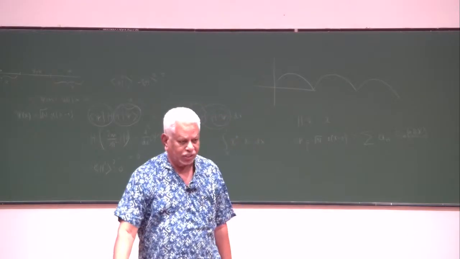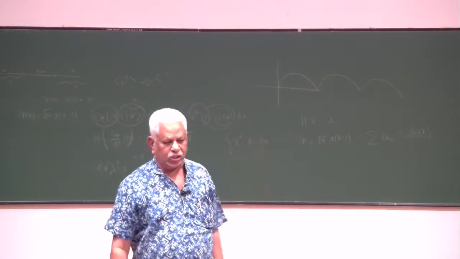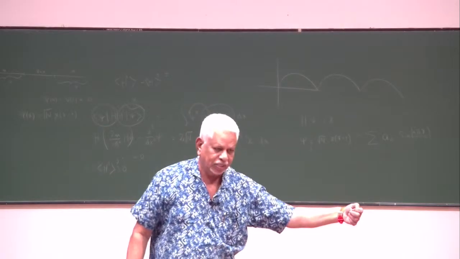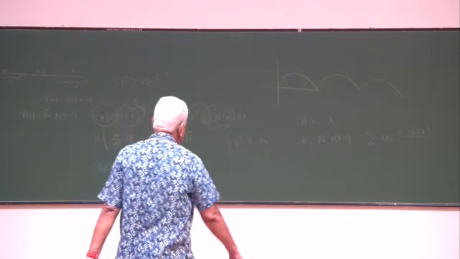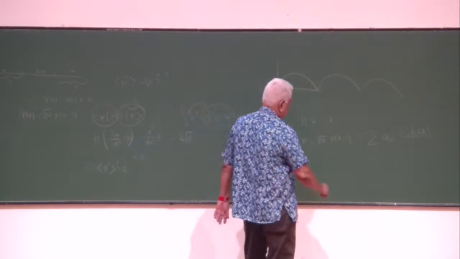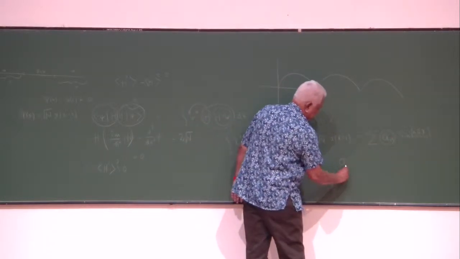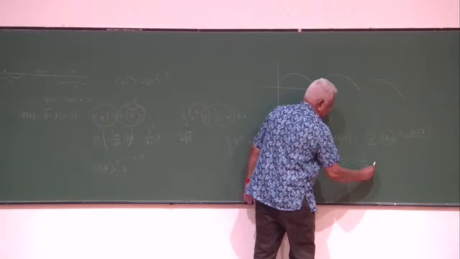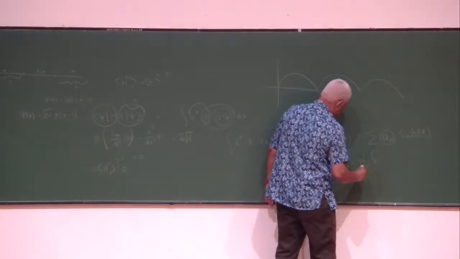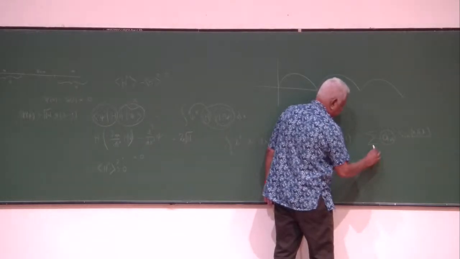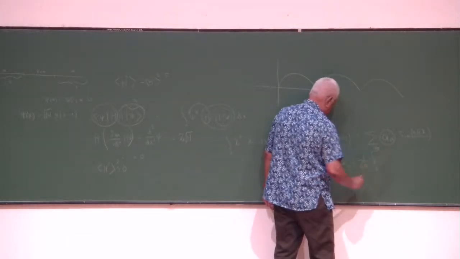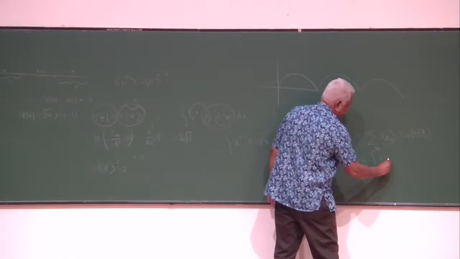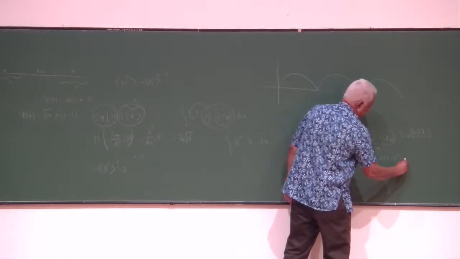Have you seen Fourier series? So, this is the expansion you have to do. You have to find the coefficients a n, right. The coefficient a n is actually 1 by 2 pi, 0 to 2 pi, of x into x minus 1 into sine n pi x.